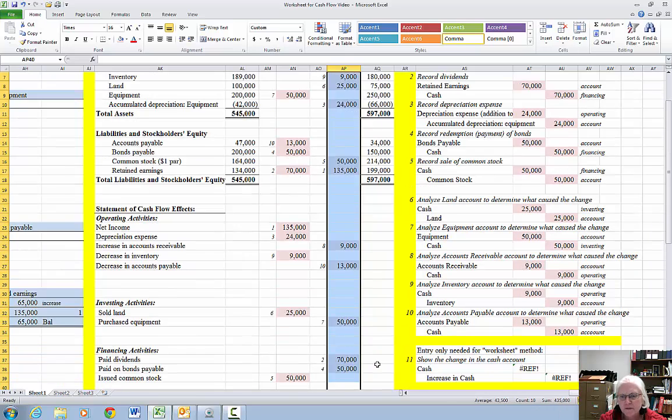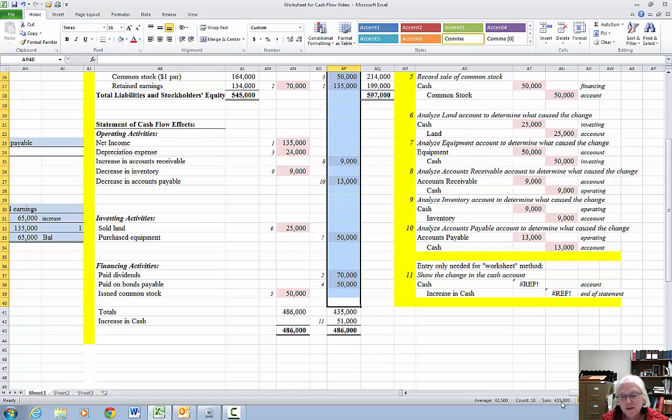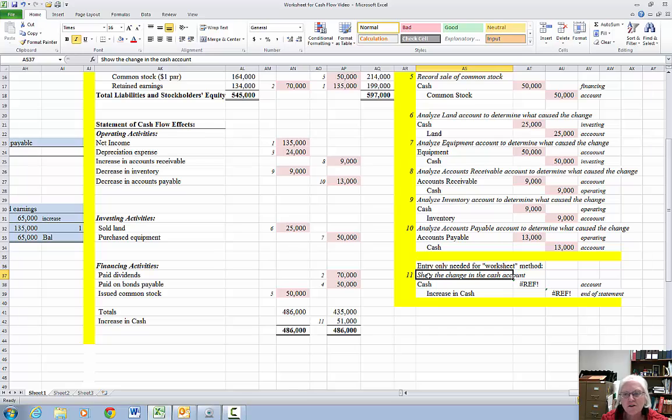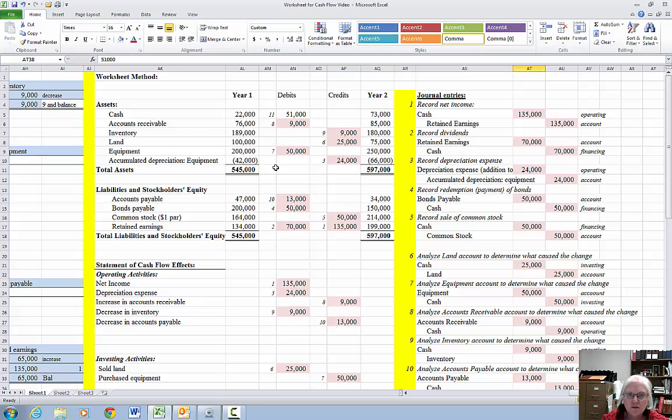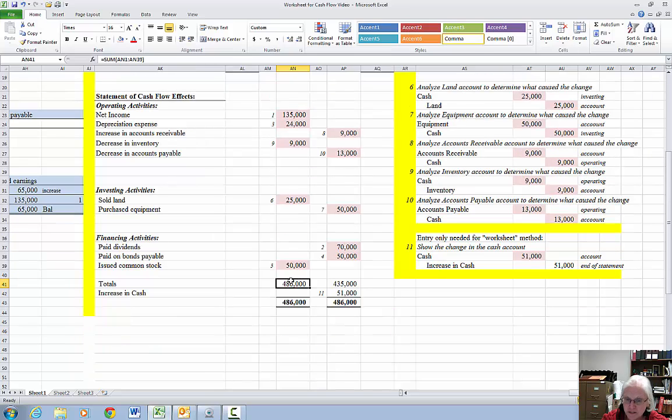All right, I had to think about this for a bit. So what you're going to do is you're going to have a credit of $435, and to show the change in the cash account on the worksheet, you have to put in that $51,000 increase in cash. So when I put the $51,000 increase in cash up here in the cash account, now my total for this column is $486.